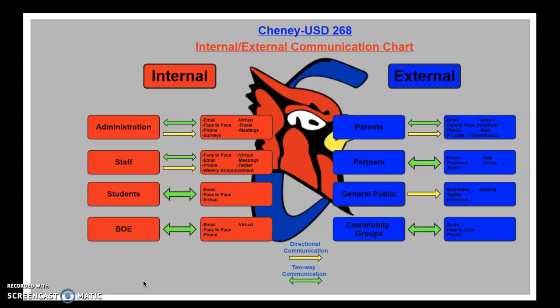Partners. Typically, we communicate with our partners via email, also through social media at times, possibly through the app, and most definitely just phone calls. General public, we do still have a newsletter that is printed about once a month. And I think that is the main way we communicate with just the general public.